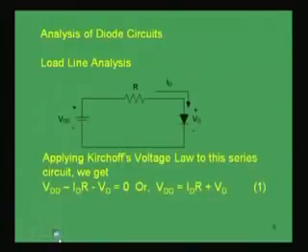Now, if we consider a very simple diode circuit, having an applied voltage VDD, that is a battery, and this circuit is having a diode and a resistance R. This resistance is an external resistance. So, if we consider this series circuit, the approach which is used for analyzing a diode circuit graphically is called load line analysis.